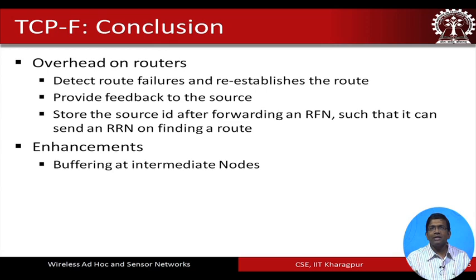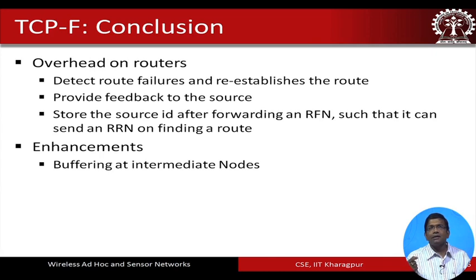Routers means you do not have a designated router in ad hoc networks. So, each of these nodes which act as a host are also acting as a router, right. And in terms of enhancement, the buffering. TCP-F can be enhanced further in the future by buffering at the intermediate nodes.